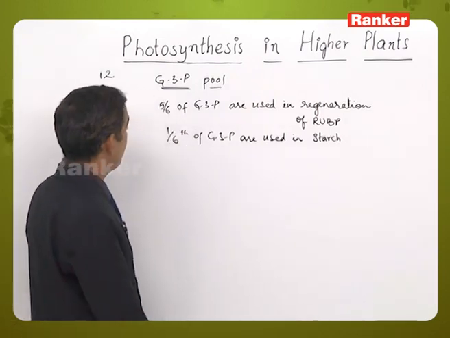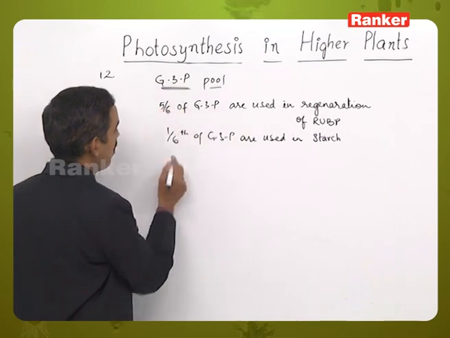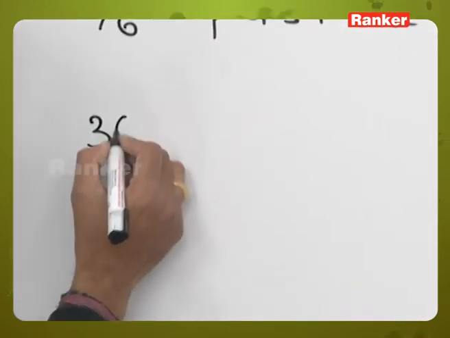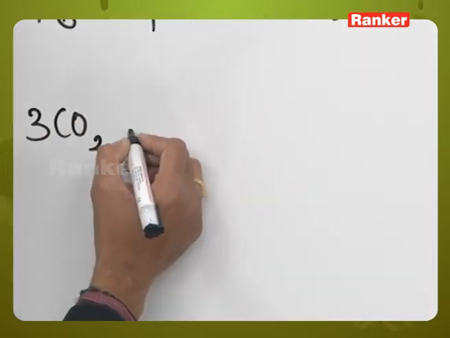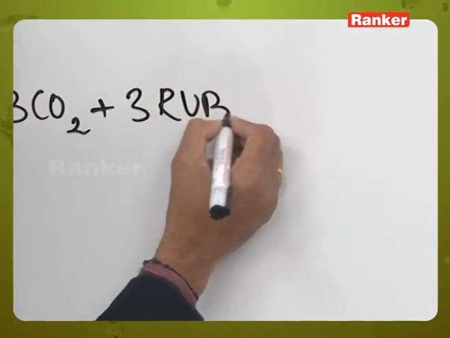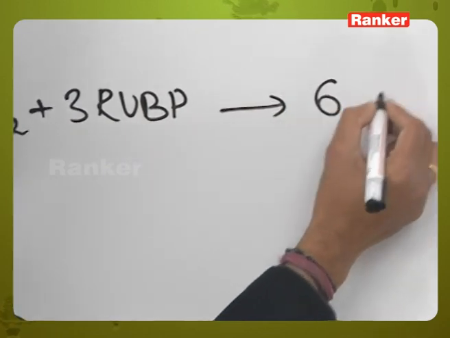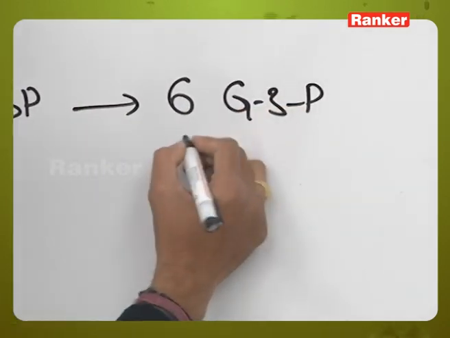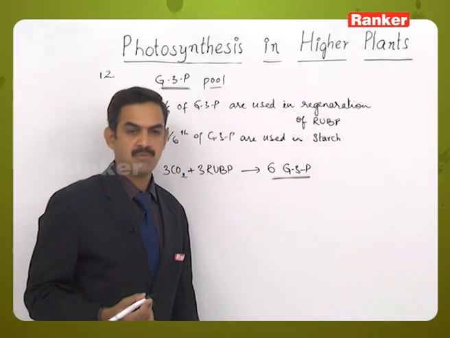The number of G3P formed is when 3 carbon dioxide molecules are taken. That is 3 carbon dioxide plus 3 RuBP, resulting in 6 molecules of G3P.